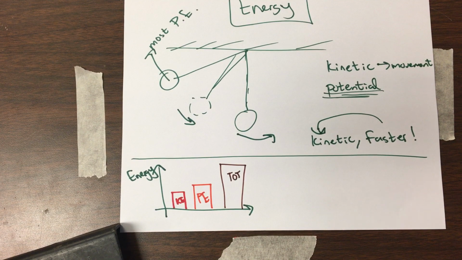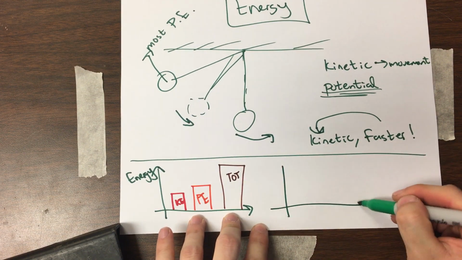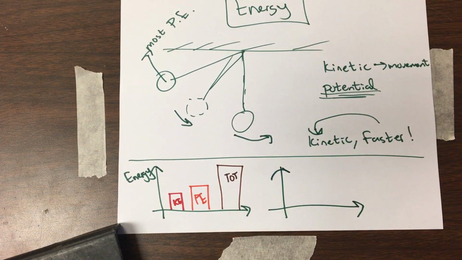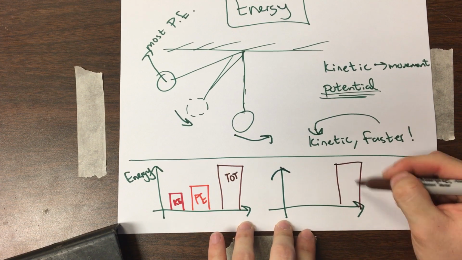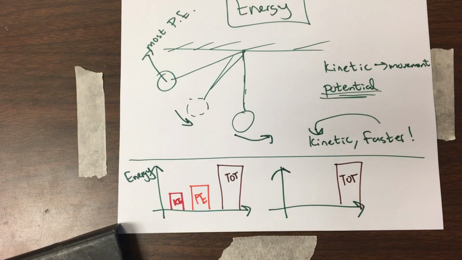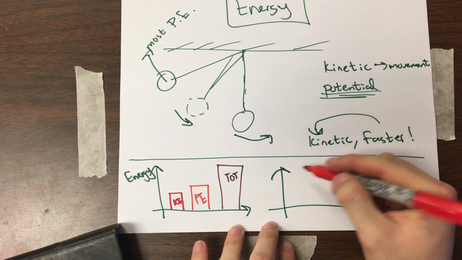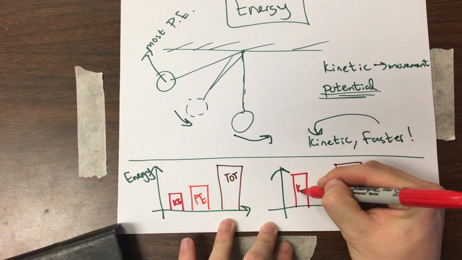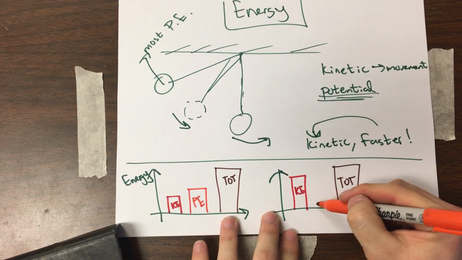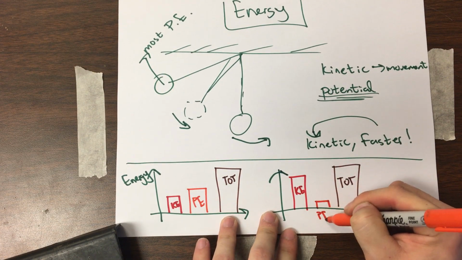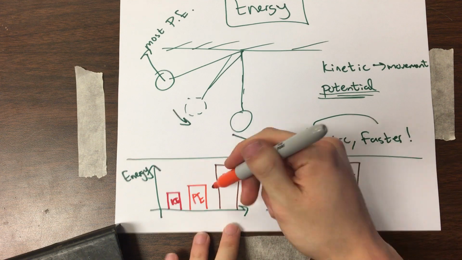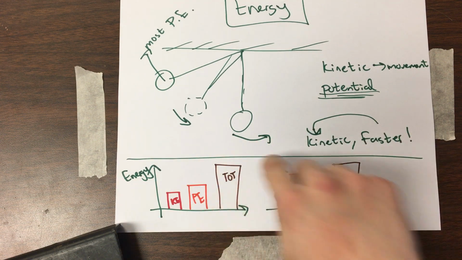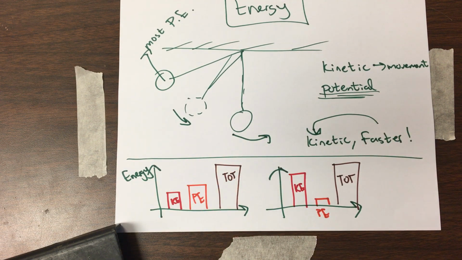If the system changes, like the pendulum moves, what doesn't change? The total amount of energy does not change. It's never created or destroyed. What can happen is it can take different forms. Maybe this time you have way more KE and only a little bit of PE, but the total doesn't change. That's the key takeaway in terms of energy.